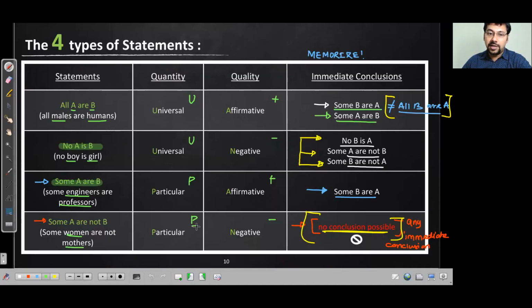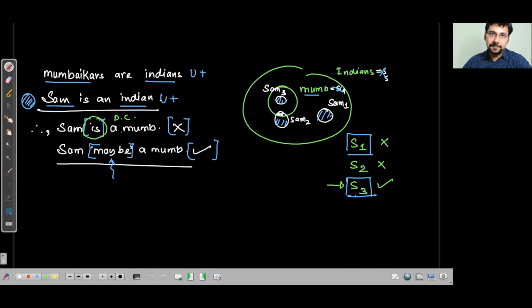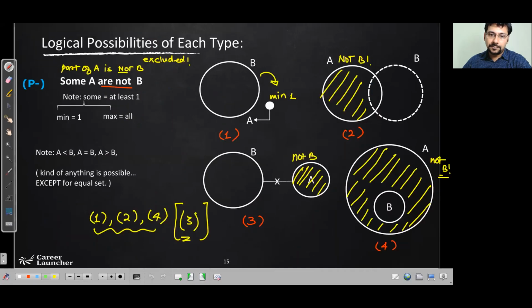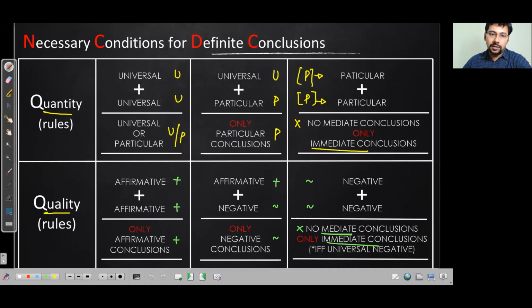The particular negatives do not have any immediate conclusions possible. So just keep that in mind. So this is one thing that if we somehow combine, then we can definitely answer the questions in a more clear, unambiguous and more accurate manner, I believe.